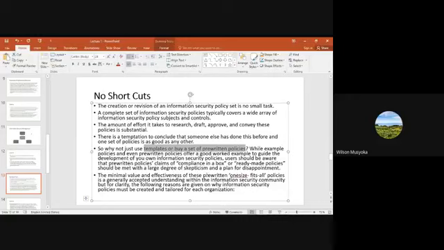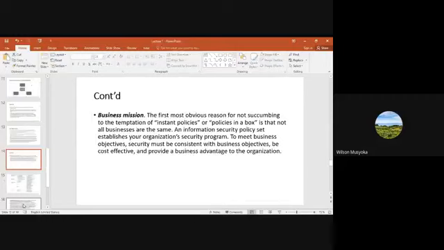And that is why pre-written one-size-fits-all policies are generally understood within information security to bring about a bit of clarity, but it needs to be different. Why? Because every organization has a different business mission, meaning that you cannot succumb to instant policies or policies in a box. These policies need to be aligned to your mission.